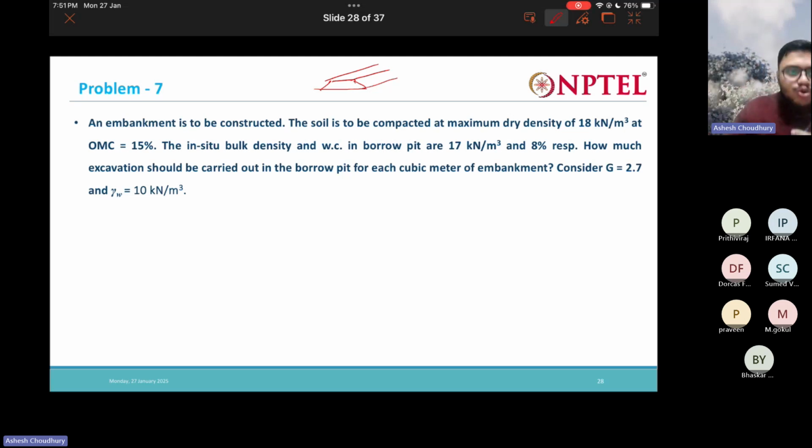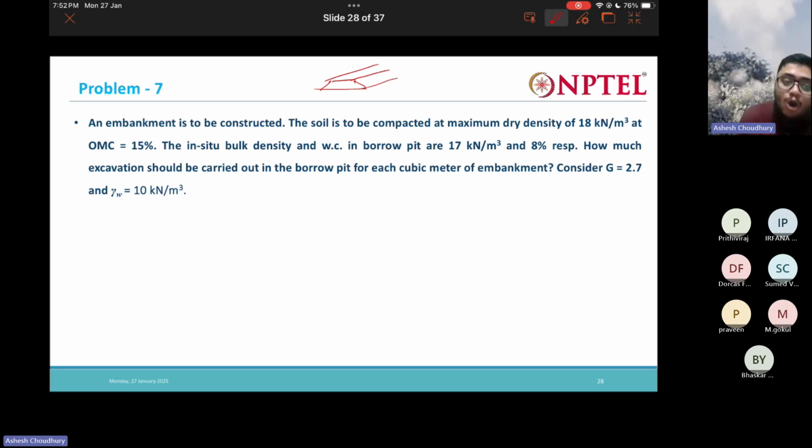So we need to carry soil from some place to our site to build an embankment. The embankment should have a dry density of 18 kilonewton per meter cube at a water content of 15%. This is the criteria. Now the site from where you are bringing the soil has a bulk density of 17 kilonewton per meter cube and a water content of 8%.